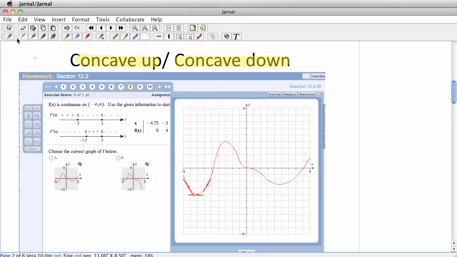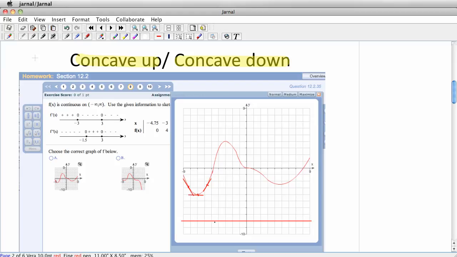If I wanted to imagine a sign chart here, if I gave myself a number line across the top, and I wanted to mark on the number line whether I had an upward cup shape or a downward cup shape, then my divisions are going to be here.